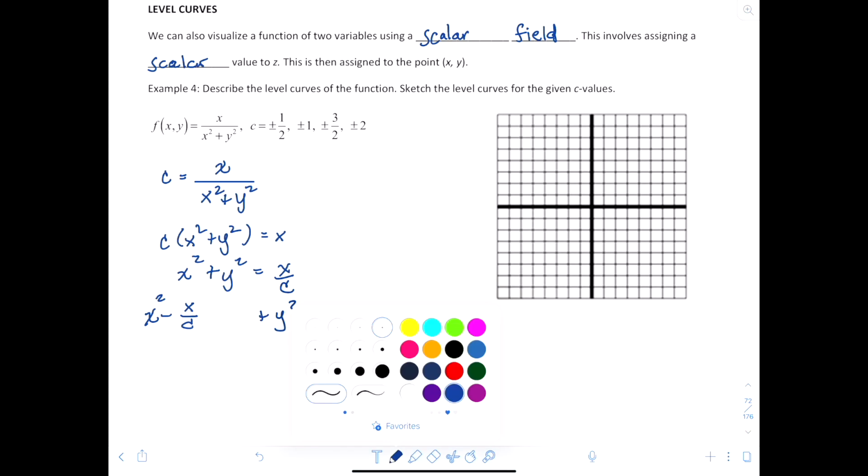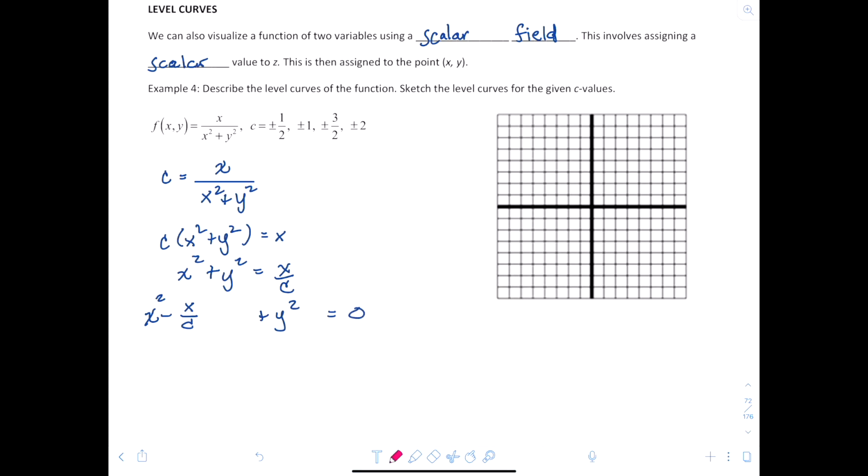So now, again, completing the square, we'd be adding 1 over 2c, the quantity squared, right? And it would really be adding a negative 1 over 2c squared, which is positive once you square it. So this would end up being, when you square negative 1 over 2c, 1 over 4c squared.